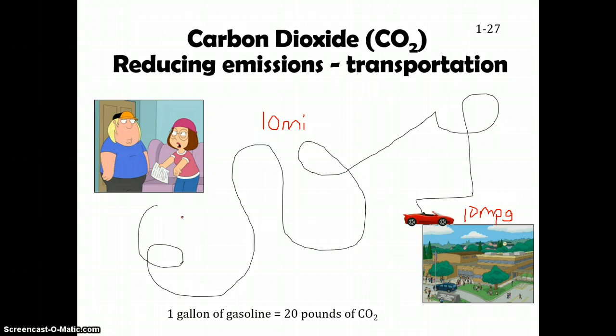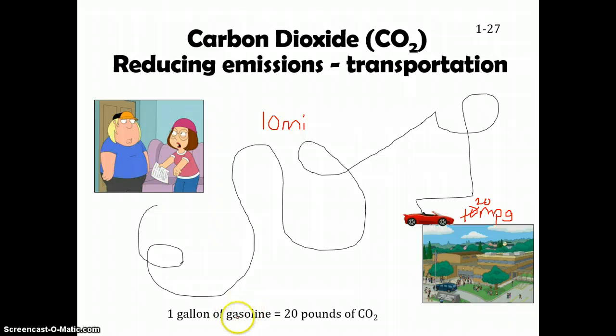Now an alternative is you could get a better car. If you were to get a car that got 20 miles to the gallon, that means you traveled this whole 10 miles and you still had 10 miles to go before you burned a gallon of gas. So in that case, you only burned half a gallon of gas because your car can now go 20 miles to the gallon, but you only went 10, so you used half a gallon of gas.